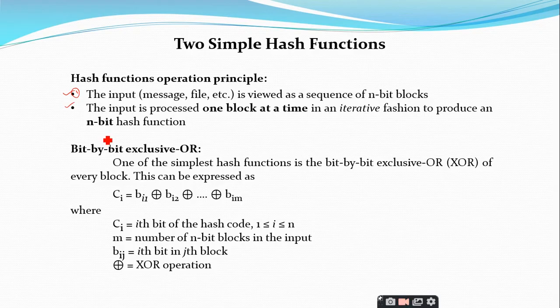It should be viewed as a sequence of n bit blocks. Whatever message you want to generate the hash value for, you should view as if it is n bit blocks. So, you divide the given message or data into equal sized blocks, where each block is of size n bits.